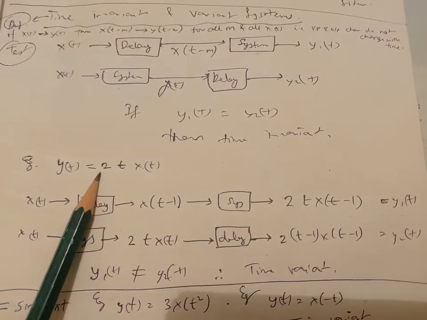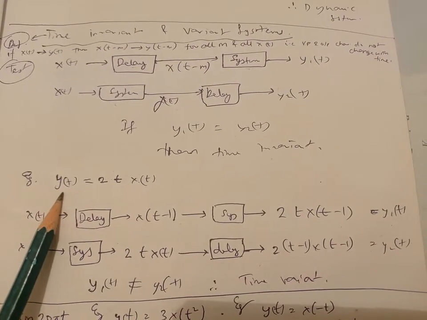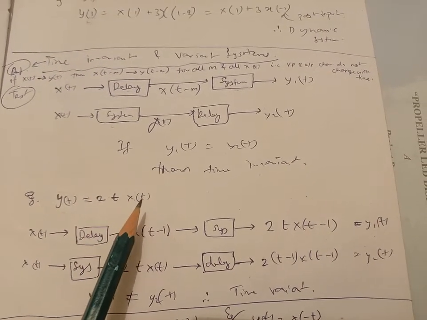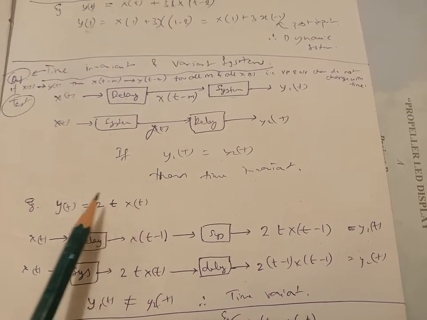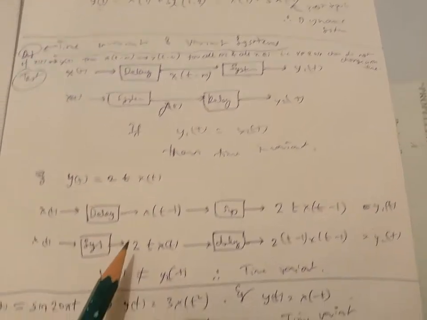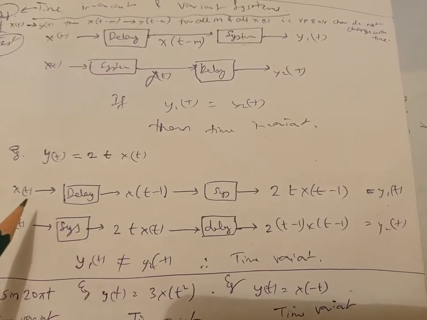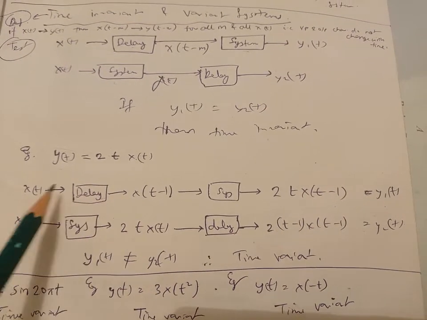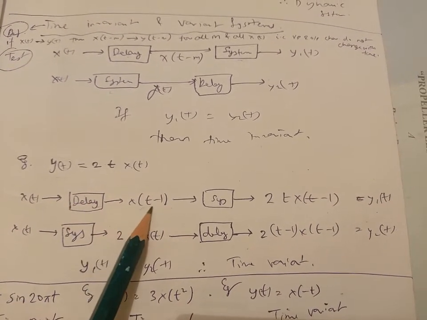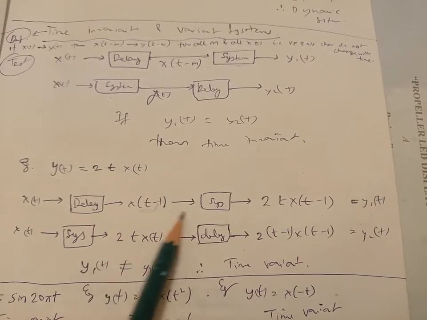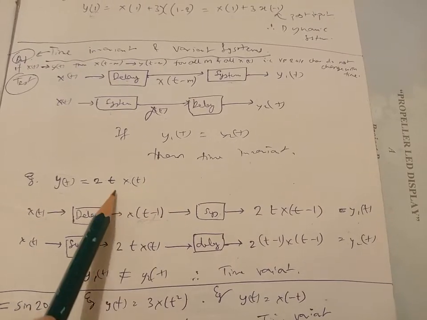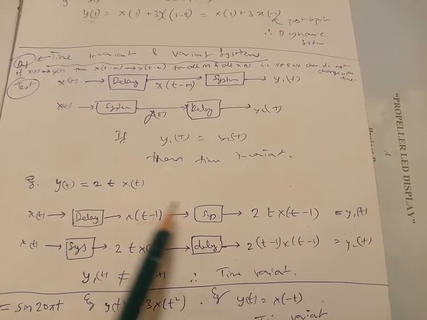Let us take an example. Suppose there is a system defined by this behavior, that the output is found by taking the input and multiplying it with this. Let us put it to test. Let's take the system, first put it in delay. So the input is put into a delay box, a delayed signal will be produced, fed into the system, and it behaves like this: it multiplies a 2 to this, and a t to this.